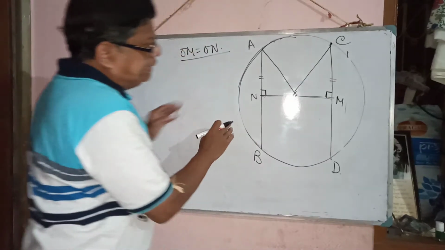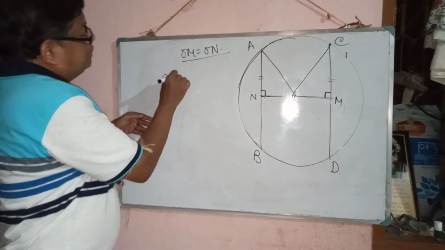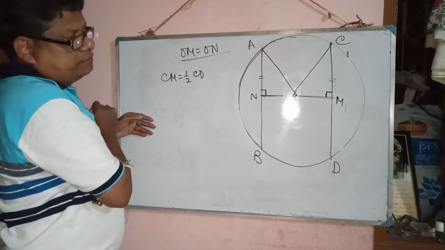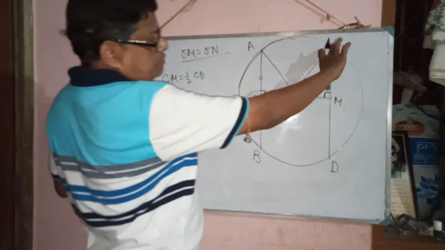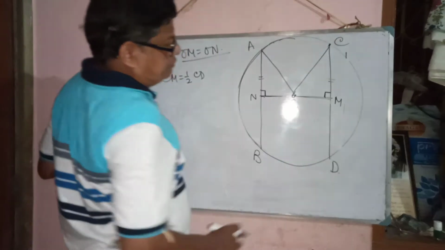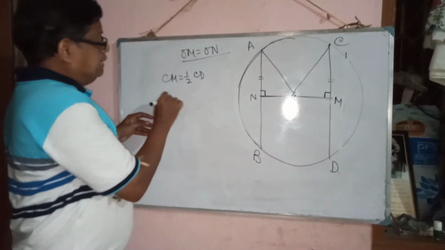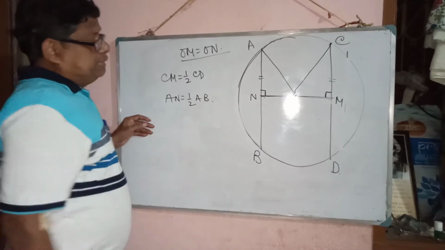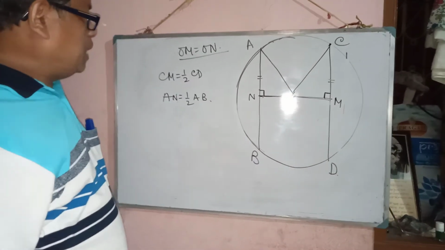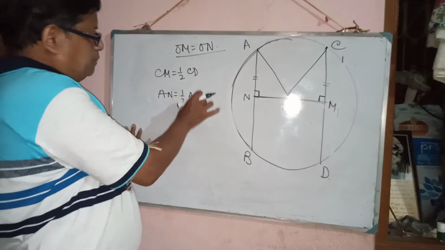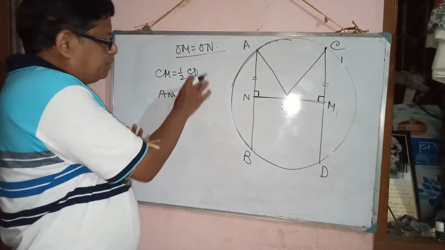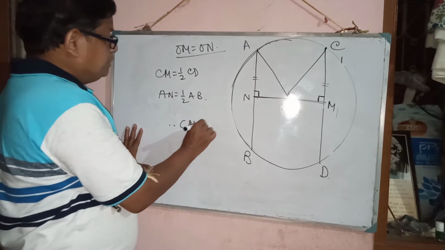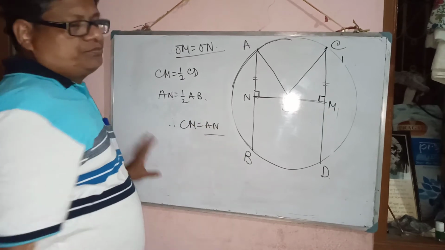So here you can write CN equals half of CD, and AN equals half of AB. Given AB equals CD, so that is why you can write CN equals AN.